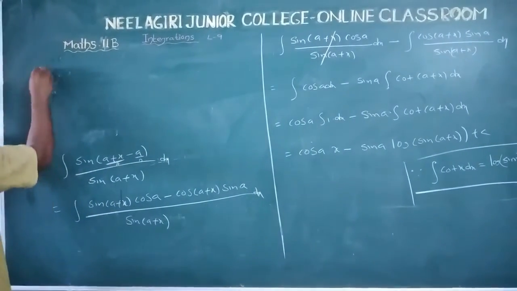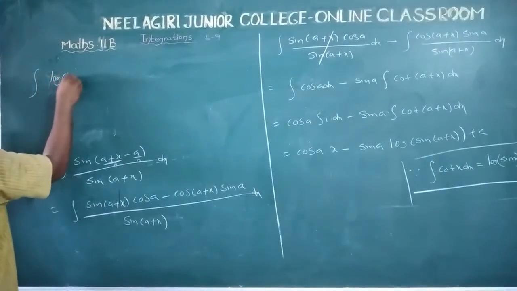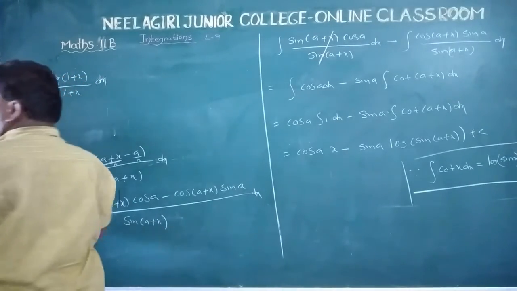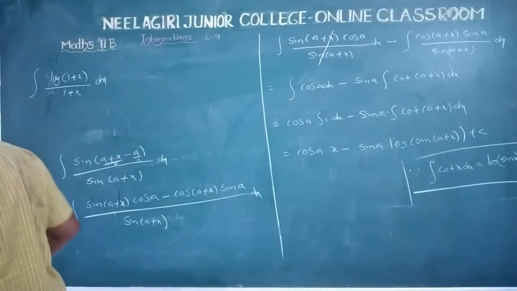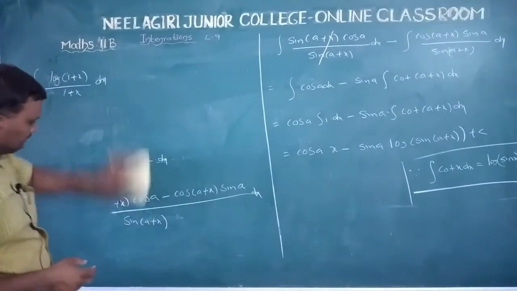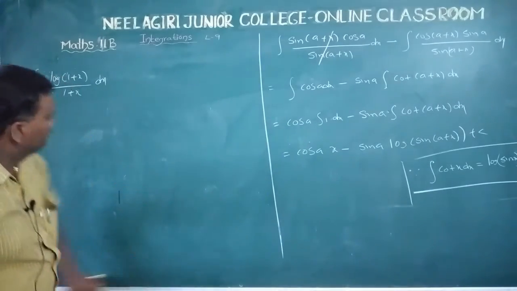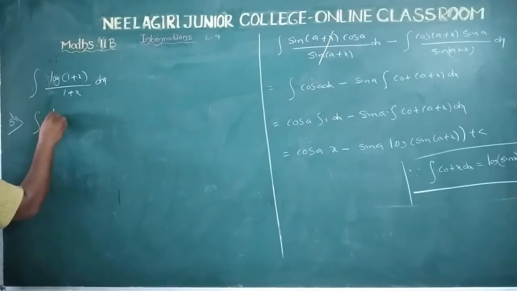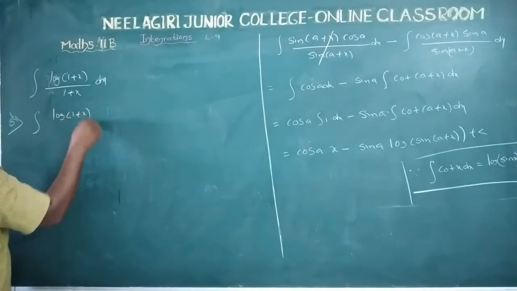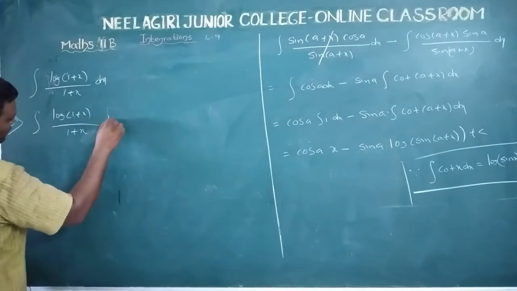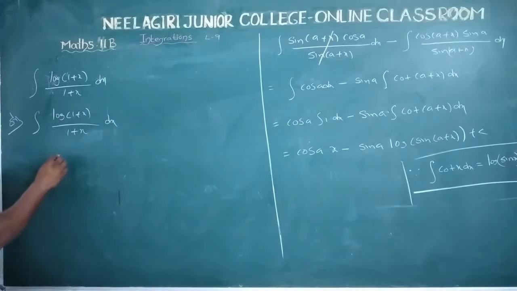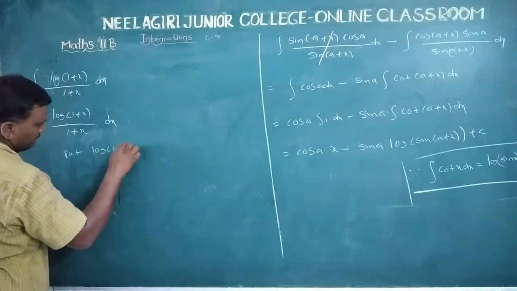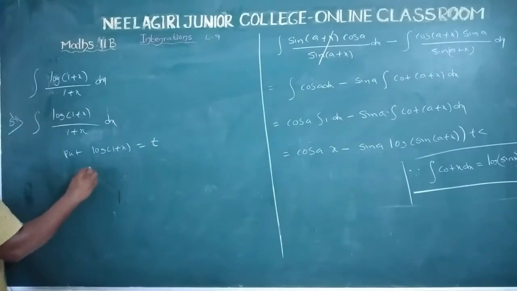Integration of log of 1 plus x by 1 plus x dx. First use the substitution method. Put log of 1 plus x is equal to t.